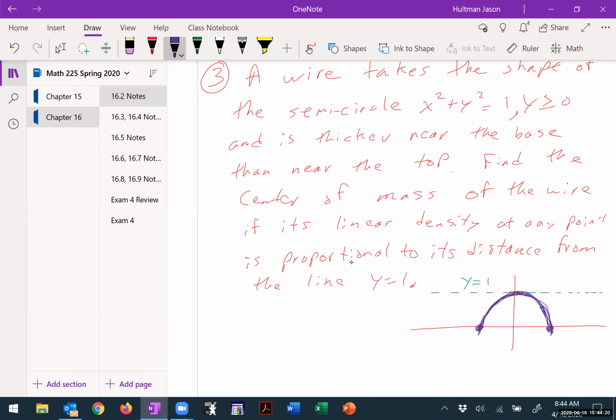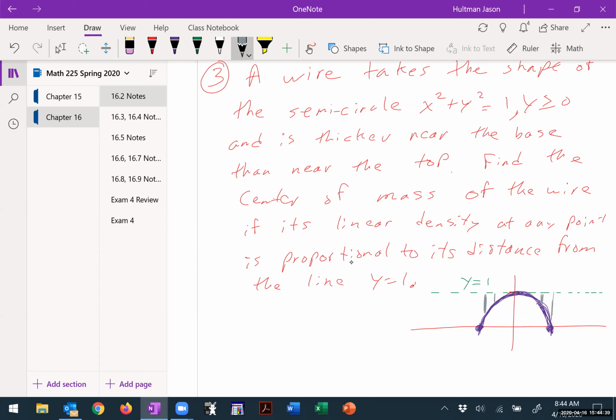Okay, you get the idea. So that's that wire. And it's saying that its density is proportional to the distance it is from this line y equals 1.